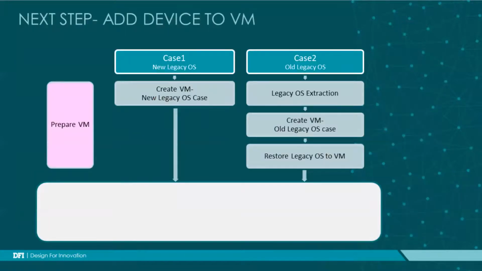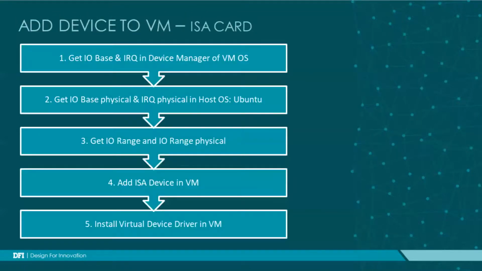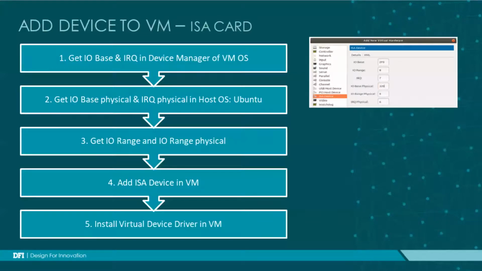Next step, add device to VM. We have to let VM recognize the ISA card first, then install the virtual device driver to VM. This page is introducing how to add a legacy card to VM. First step, get I/O base and IRQ in device manager of the VM OS.